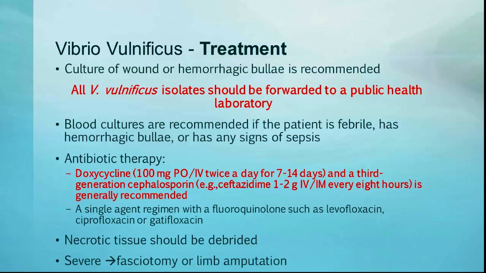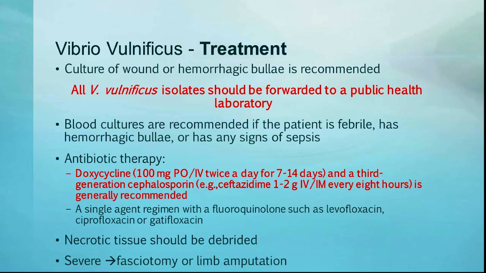Now, treatment-wise, you can culture the wound itself superficially, or the bullae, you can take a culture from that and send it, and I was reading that you should always send the isolates of Vulnificus to a public health lab. Blood cultures are usually recommended if the patient is septic, has a fever, and has other signs of sepsis.